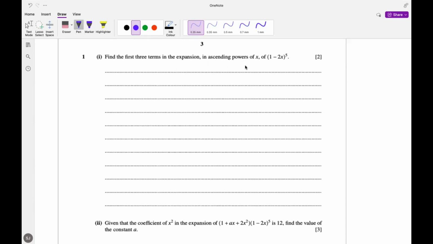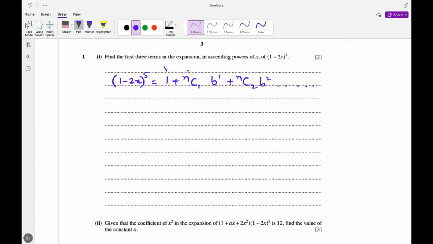Terms in the expansion of (1 − 2x)^5. We know the formula is 1 + nC1 b^1 + nC2 b^2. Three terms.